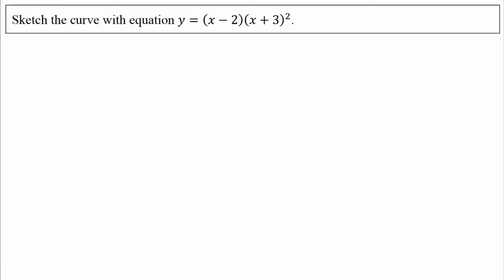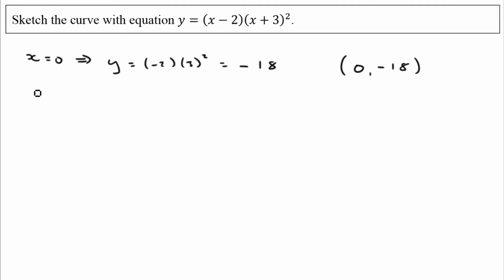In this example, we have to sketch the curve with equation y equals (x minus 2) times (x plus 3) squared. Well, a lot of the ideas will be very similar. When x is 0, we will have a y of negative 2 times 3 squared, so that will be negative 18, and therefore we know this passes through (0, negative 18).